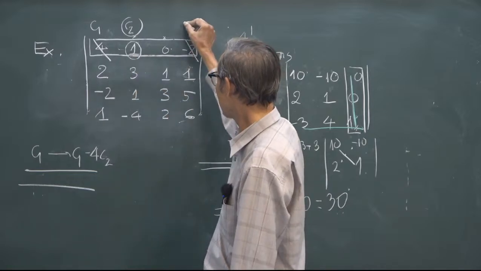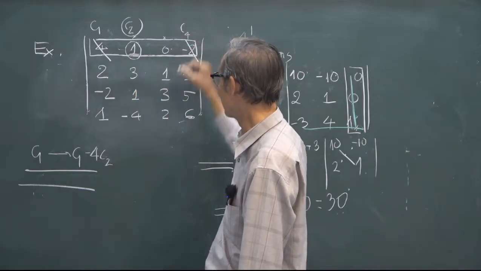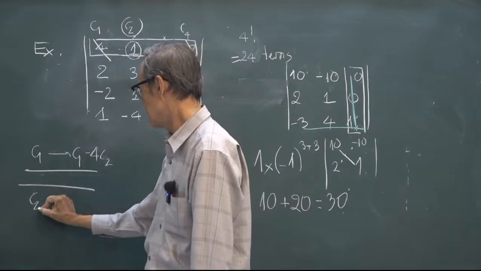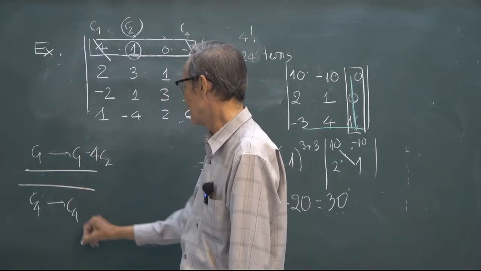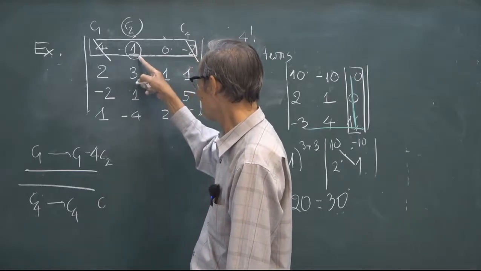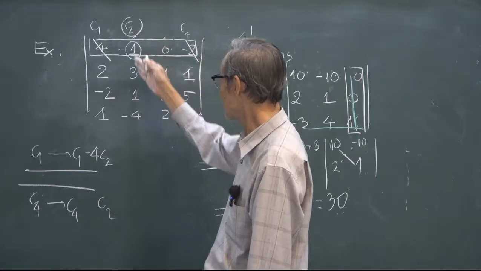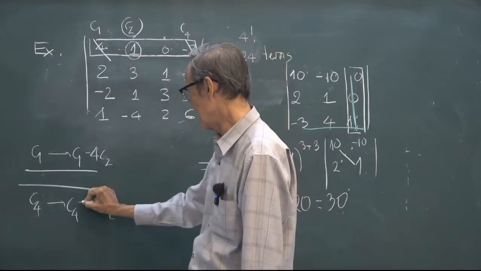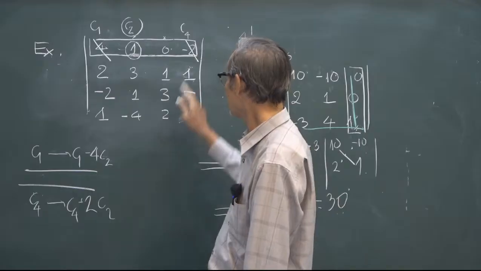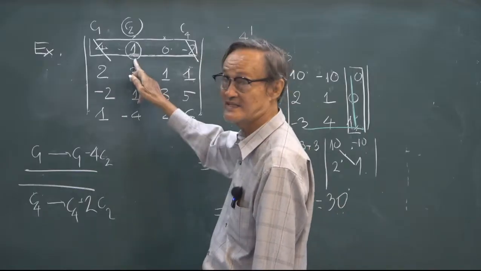And we transform column 4, C4, becomes 2, column 4, use column 2, plus 2 minus 2 plus 2 of 1 is 0.